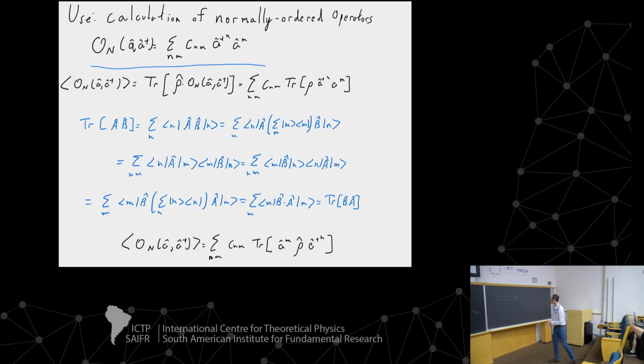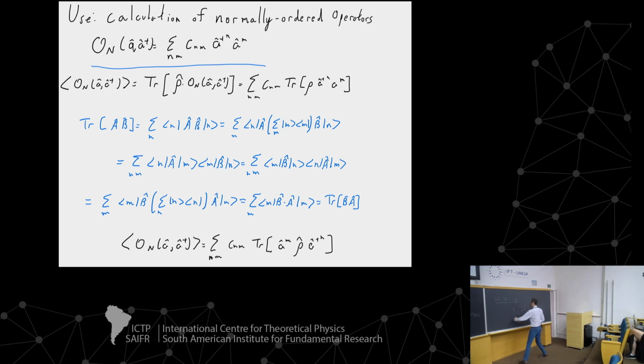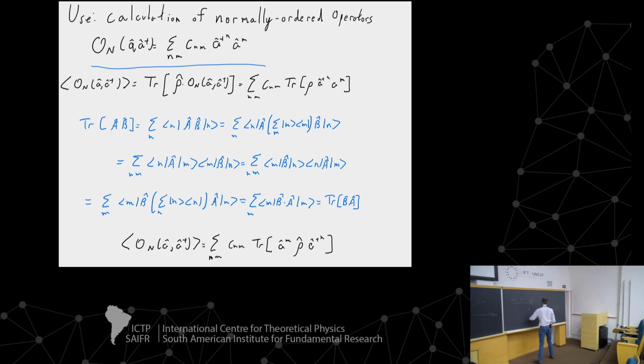If you take three operators like A, B, and C, you're not going to take the inverse of it. That's not the case. It's the fact that you can change it to the trace of C, A, and B, and then to the trace of B, C, and A. Who's familiar with that?